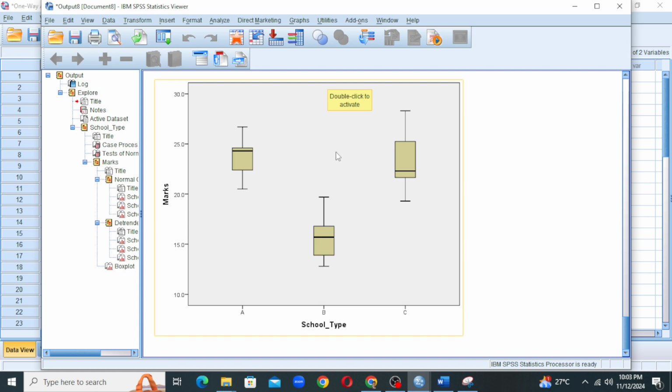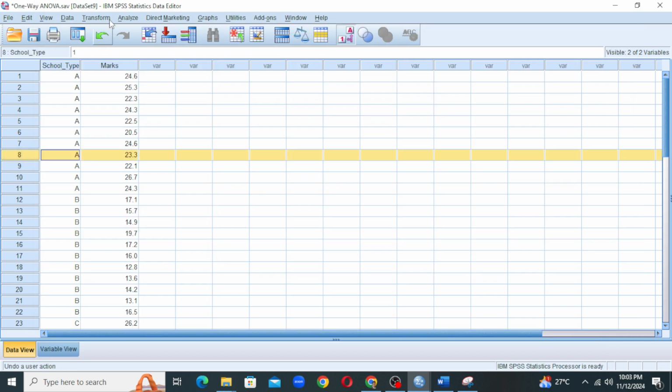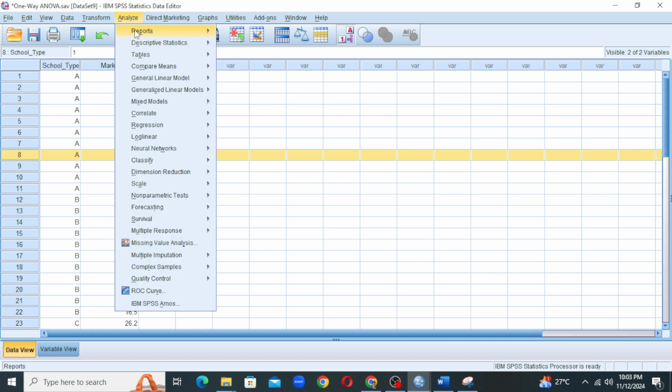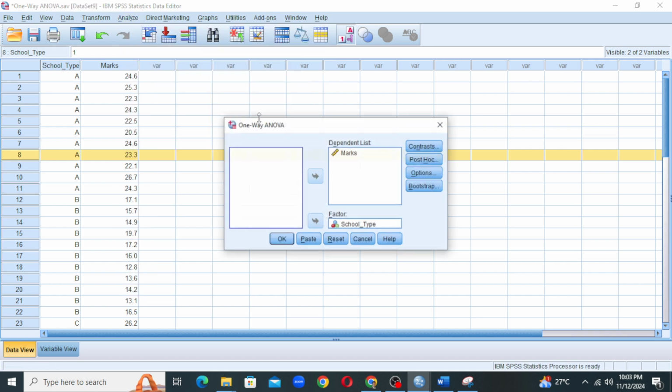Next, we will be referring to homogeneity, and for that we will be calling for Levene's test. For that, you have to visit Analyze, Compare Means, One-Way ANOVA. Under Dependent, select marks. Factor, select school.